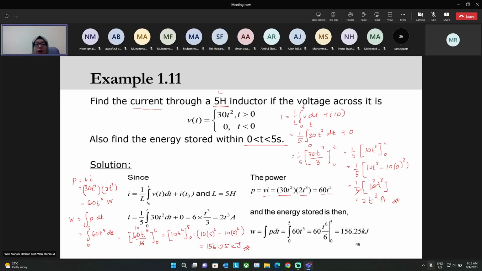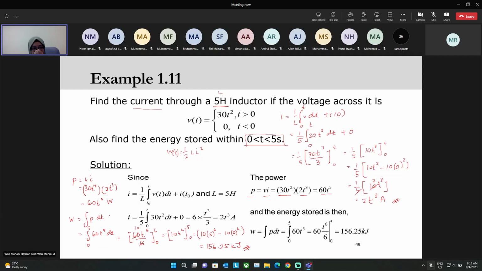Okay, so kalau ikutkan disebabkan limit yang dia bagi ni, sebab dia start from 0 kan, 0 to 5 second, you boleh je sebenarnya guna equation W equals to 1/2 Li square. Lepas tu cari pada masa 5 second. Boleh juga.